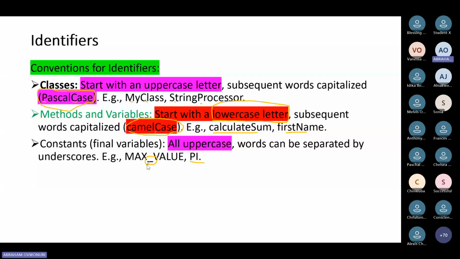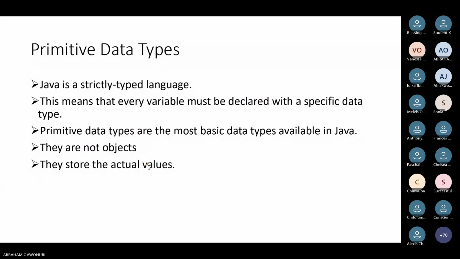Then we talk about the primitive data types. One, you need to know that Java is strictly typed. Some people call it strictly typed, others call it strongly typed. So Java is one of the languages that we say is strongly typed. So you may see these two words.